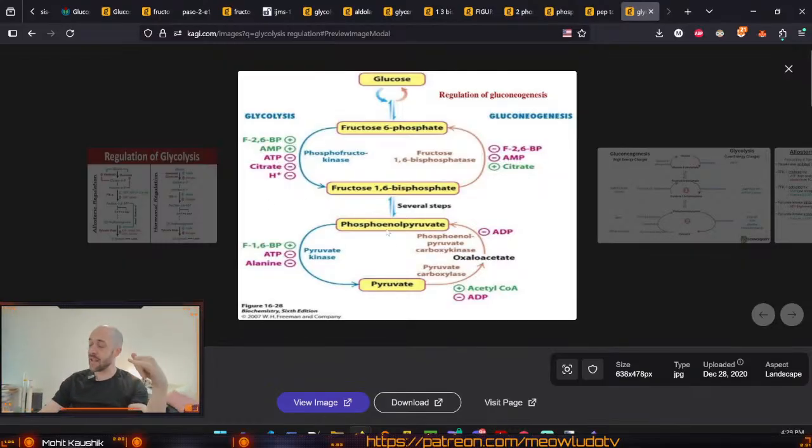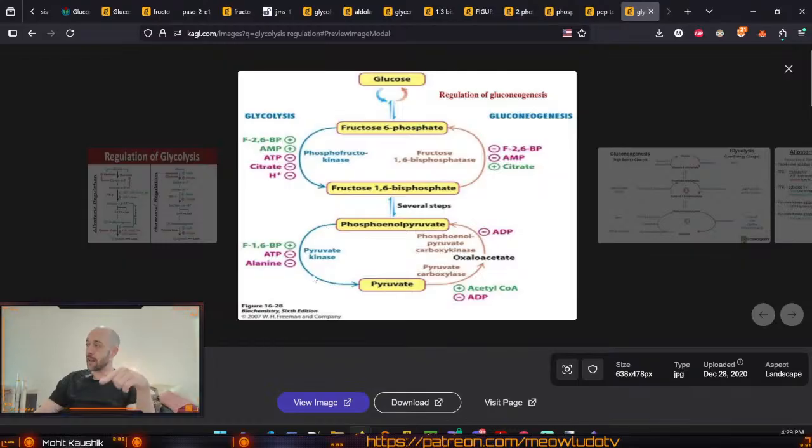The other one was at the end, PEP. These are two of the key regulatory steps. So PEP to pyruvate, that very last bit to harvest the final ATP out. Up until this point, a neutral amount of energy has been spent. When you think about it, that kind of makes sense.